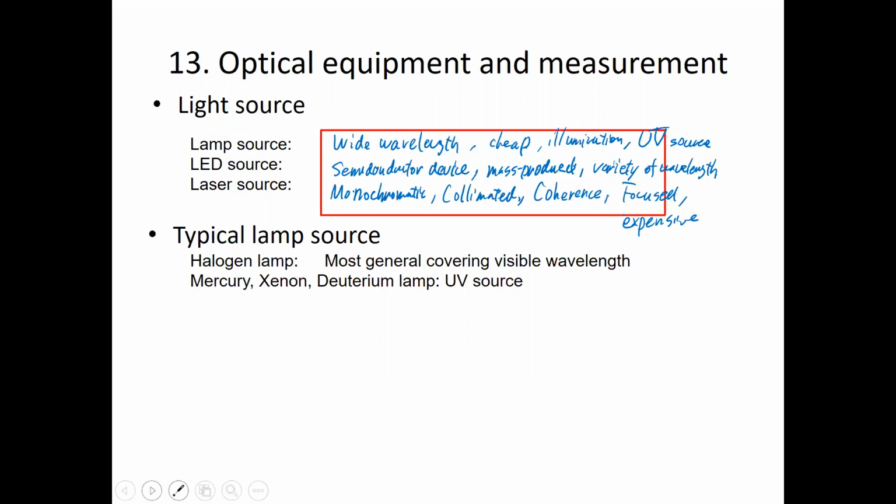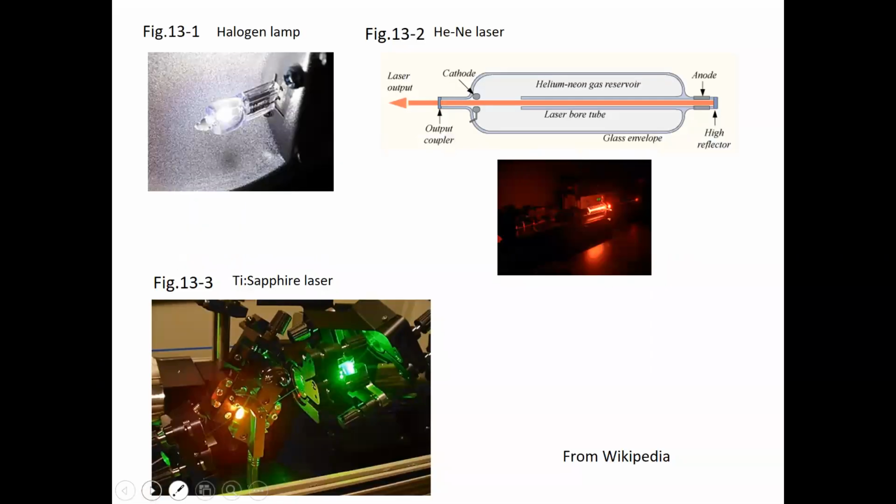And you could see the lamp source itself looks like this. So the wire is connected, and by applying a voltage, when the current is going, it generates a light.